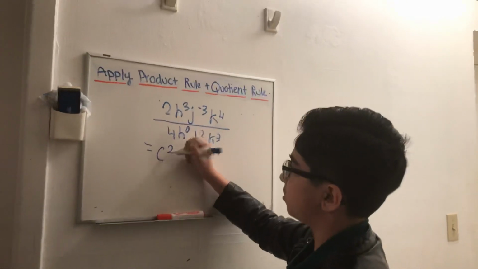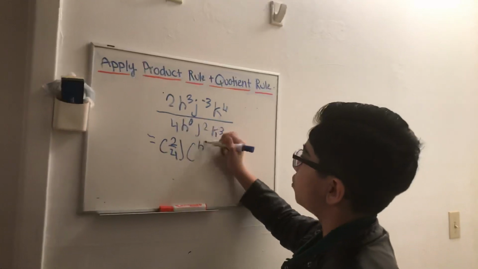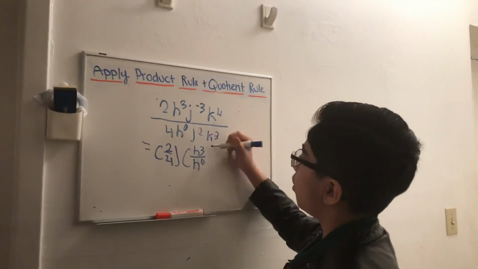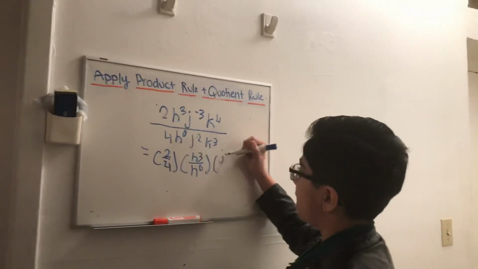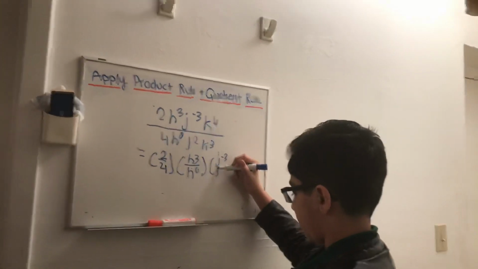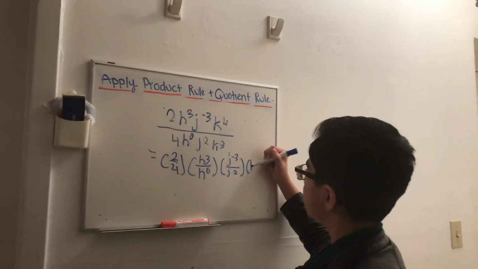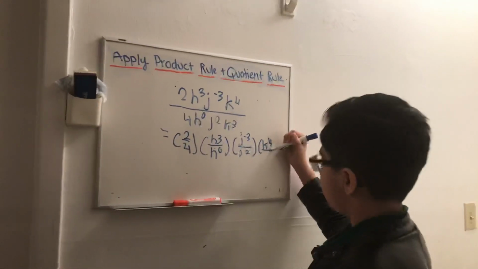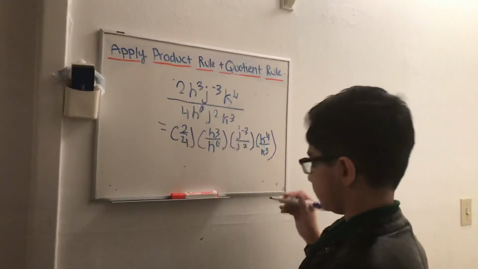So this is essentially 2 to the power of 4, then h to the power of 3 over h to the power of 0, and j to the power of negative 3 over j to the power of 2, and k to the power of 4 divided by k to the power of 3.